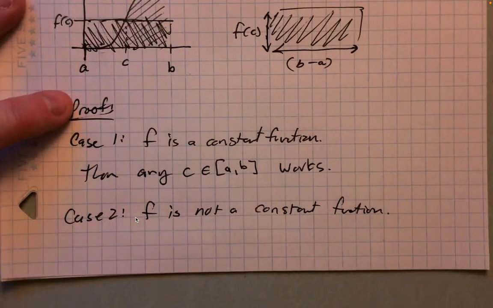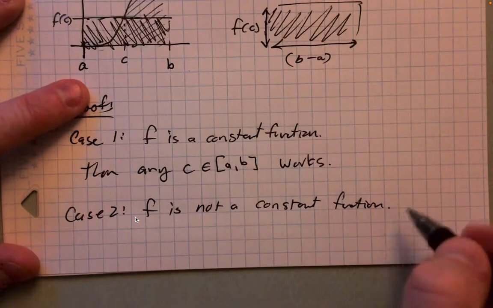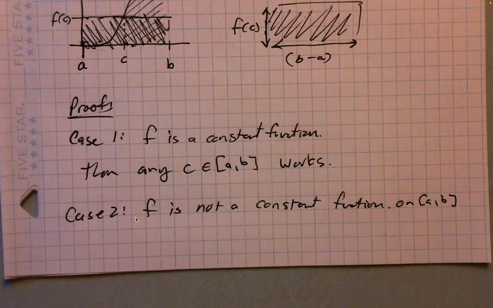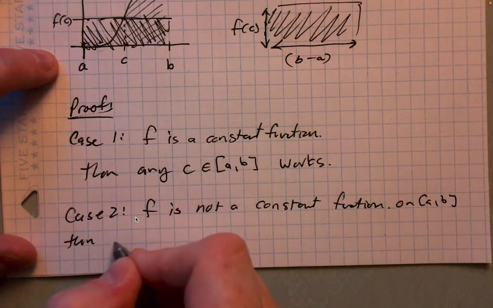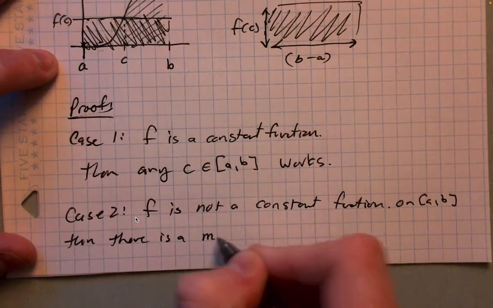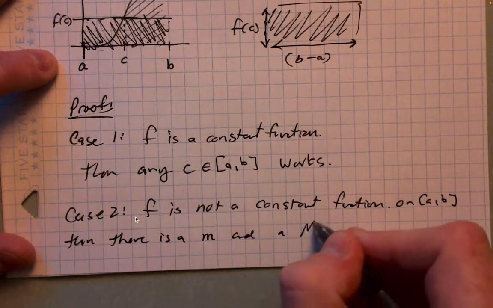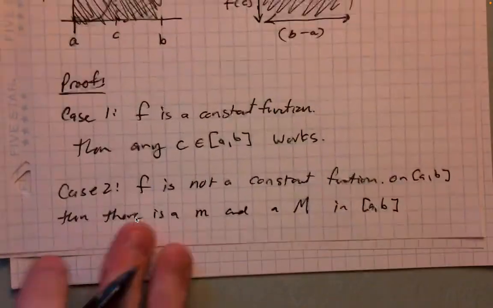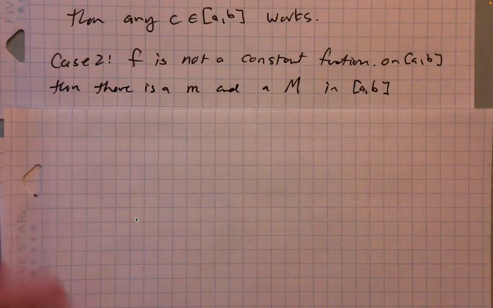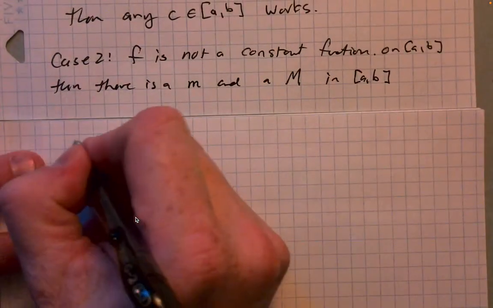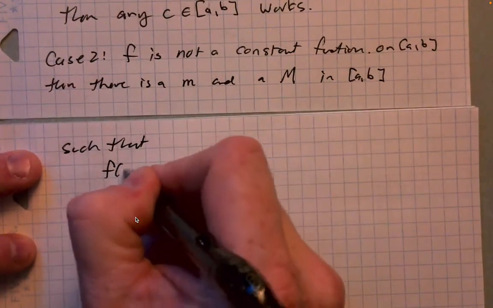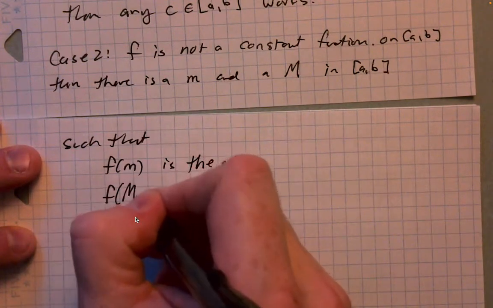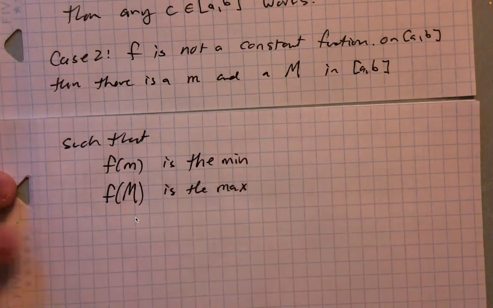In particular, if f is not constant on [a, b], then there's going to be some little m and a big M in [a, b] such that f of little m is the min, and f of big M is the max on the interval [a, b].